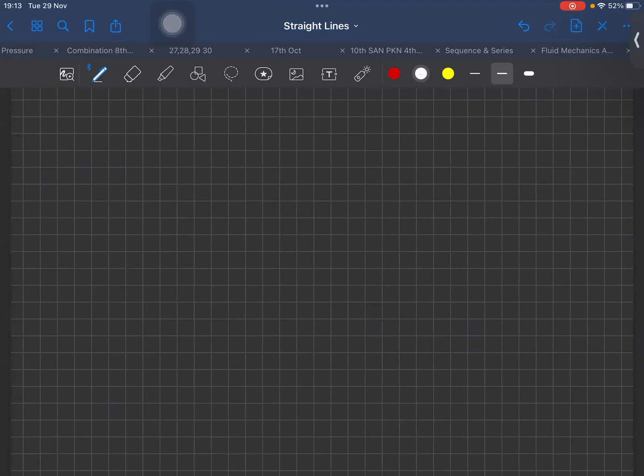Write down the next topic, locus of a point. Equation of locus. Write down the equation of the locus. How do you find a locus from a given relation? Let's start from a question.